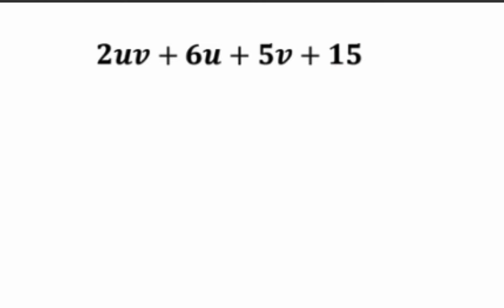So these two have a common factor, but the second two terms don't have the same common factors. But if we look at these two terms together, they are both divisible by 5.